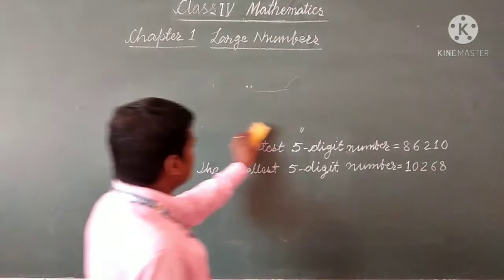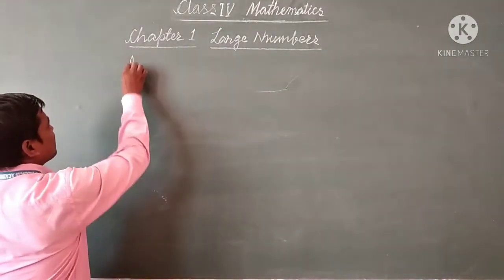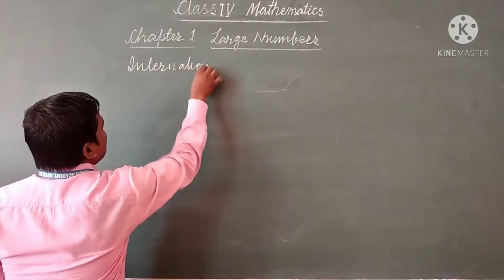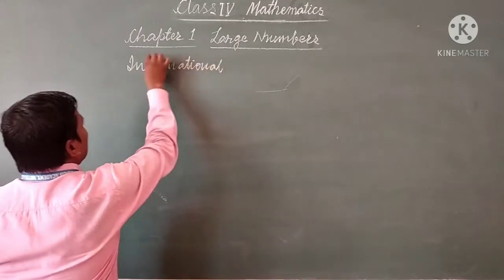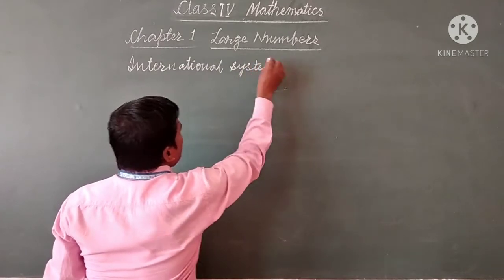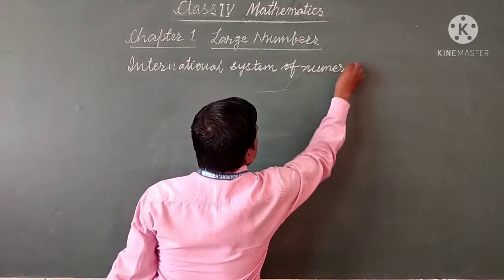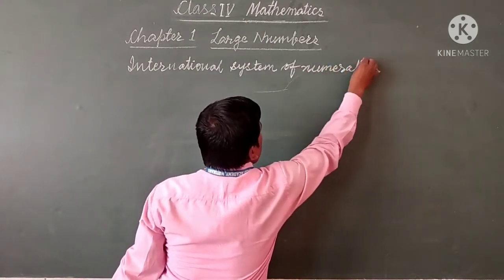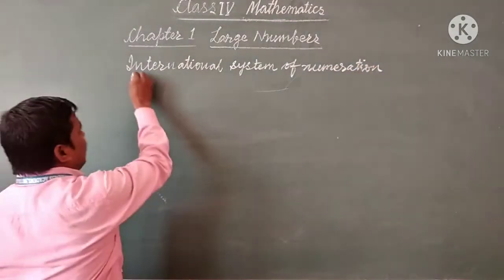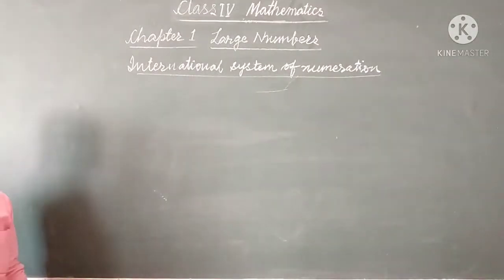Try to understand. As you have already studied the Indian system of numeration, and I hope you must have read in class 4 about the international system of numeration also.